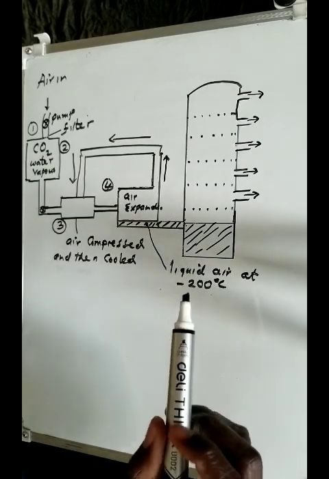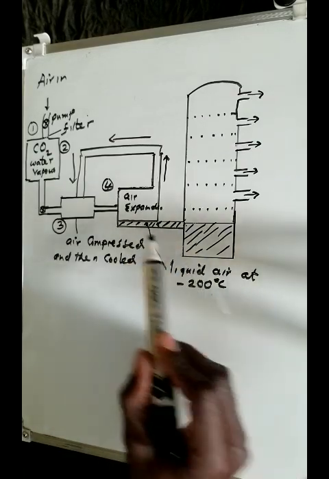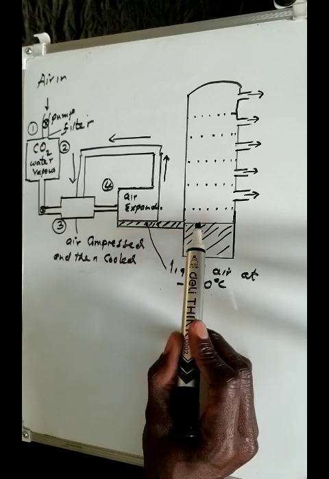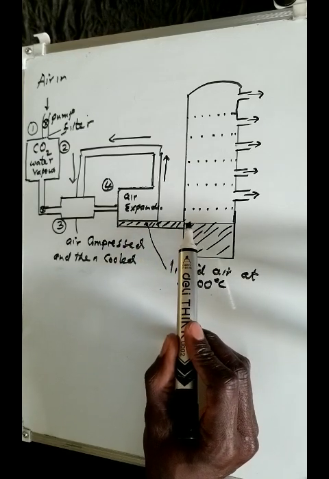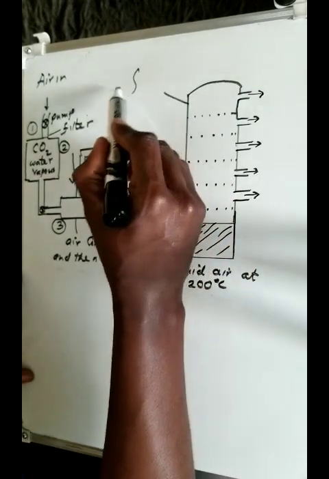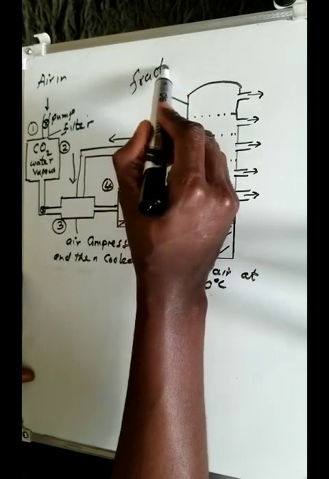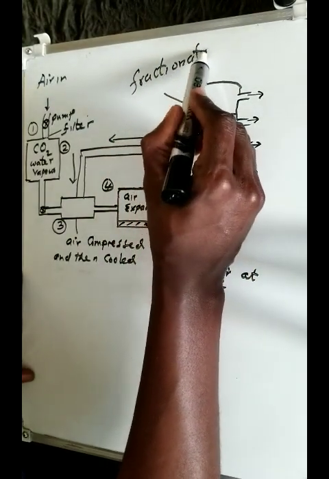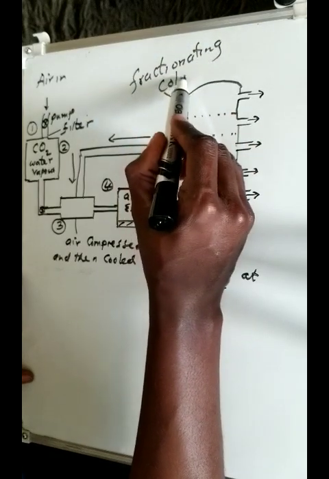The next step is that the liquid air at that point is pumped into the fractionating column. So what you see here is what we are calling a fractionating column.